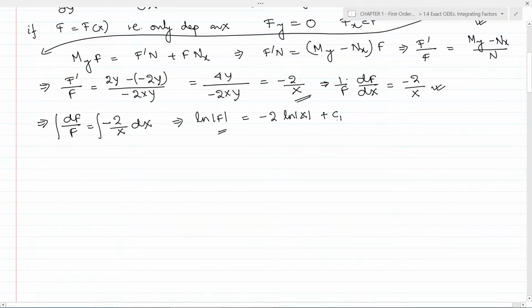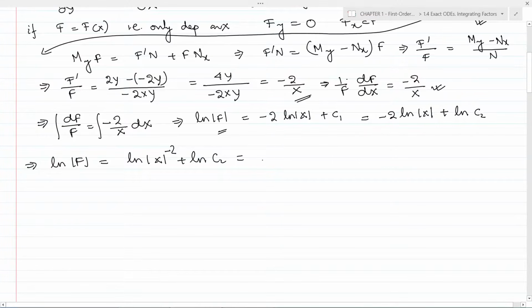We will see, if we write the constant, then the right hand side can be written as minus 2 natural log of x and c1 can be written as natural log of another constant c2, and from this we write natural log of f equal to natural log of x to the power minus 2 plus natural log of c2.